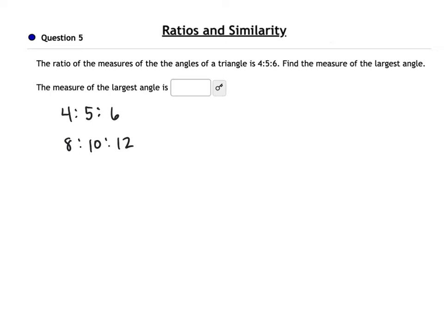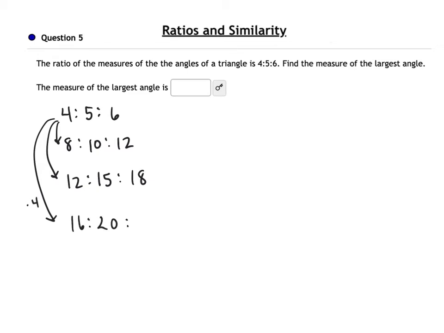That's an equivalent ratio, times 2. I could multiply by 3: 12, 15, and 18. Or by 4: 16, 20, and 24. Or by 5: 20, 25, and 30.